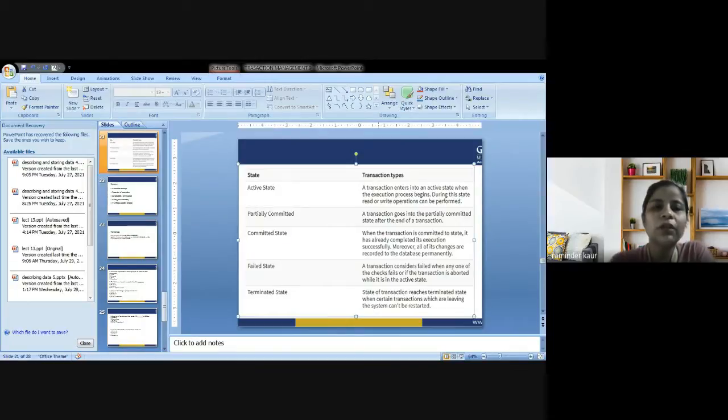So these are all the states that are associated with transaction. Now let me show you a new diagram. Just have a look at it, because with the help of the diagram you will be able to know the meaning of the states.